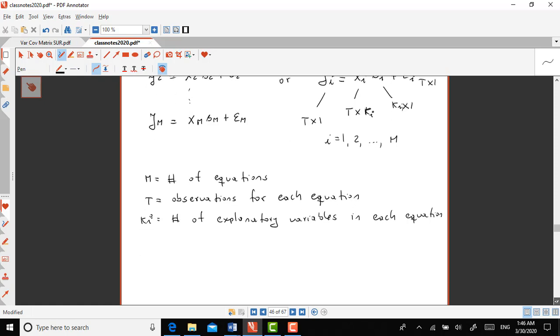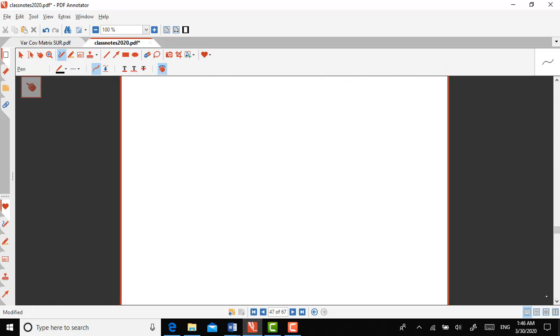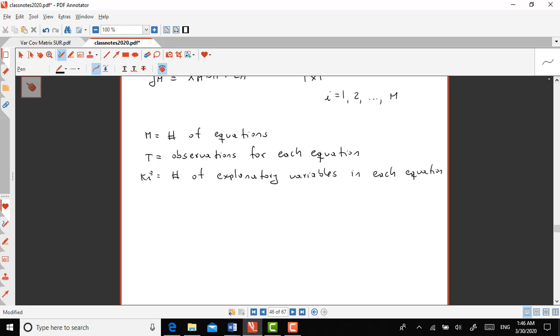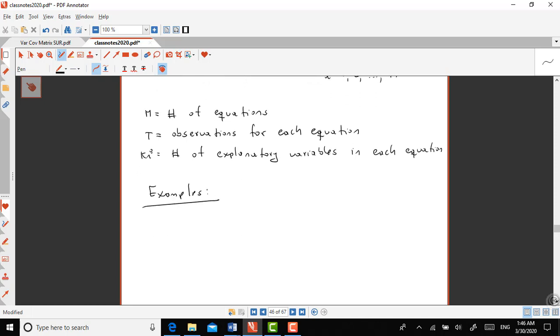As an example, something I'm very familiar with, one of my main areas of research, is demand model estimation, demand system estimation as a matter of fact.